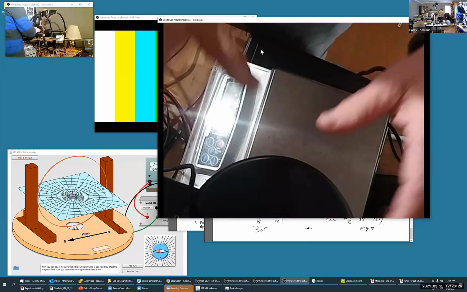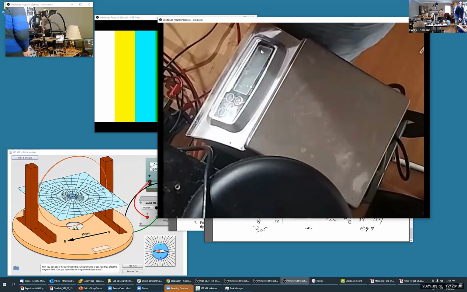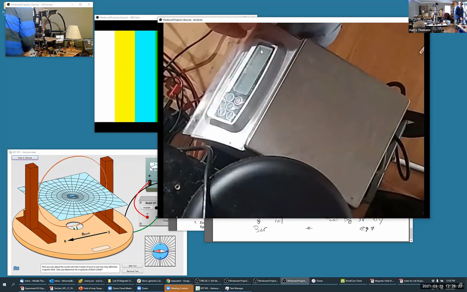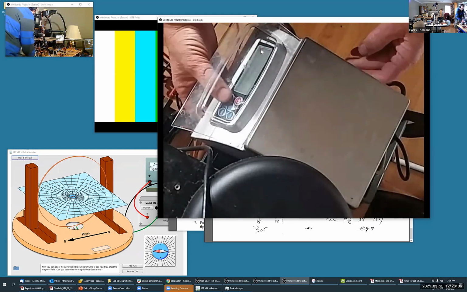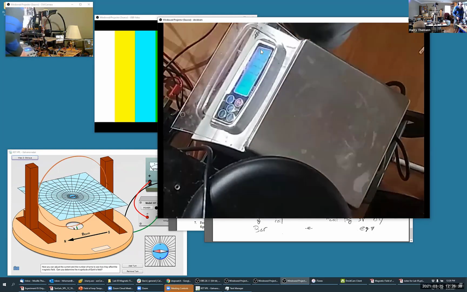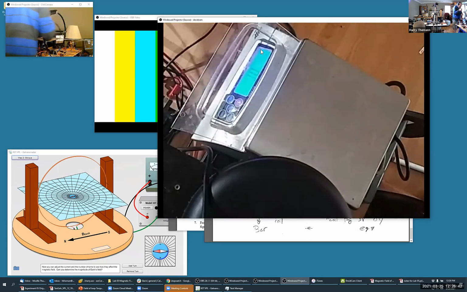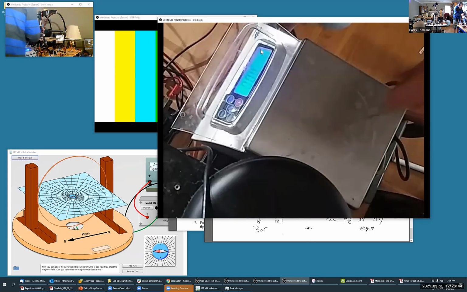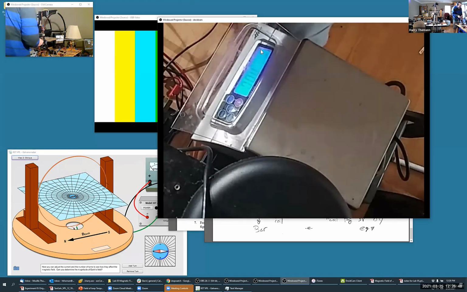But the base is in the way. Here, I'll just bring it out here. Of course, it's reflecting too, but it has this shield. So let's turn it on. Hopefully, I didn't test yet whether the magnet's going to affect the reading. Oh, that's interesting.